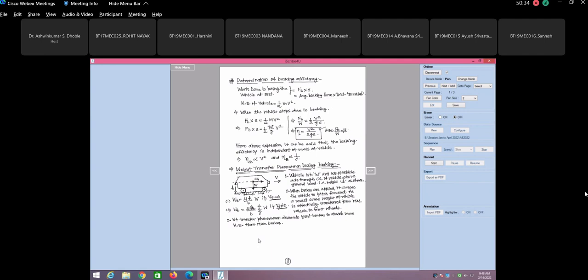Okay, so this weight is added to the static weight on the front wheels and subtracted from the static weight on the rear wheels.